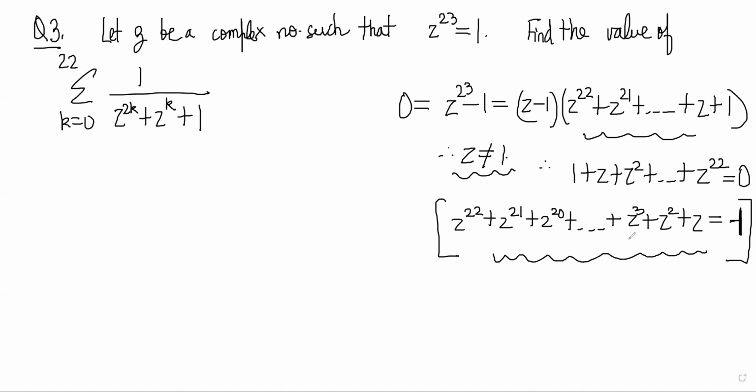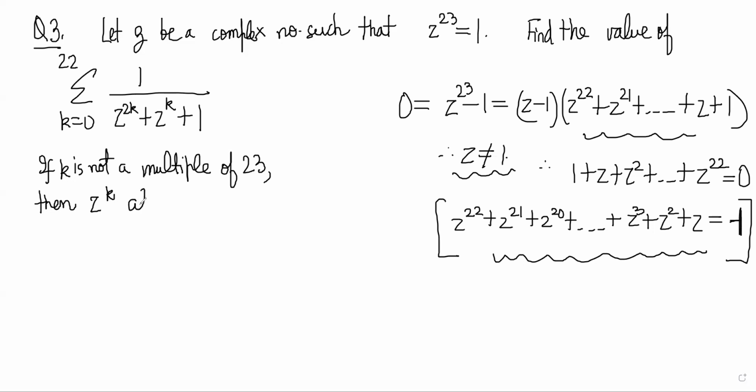If k is not a multiple of 23, then z power k also satisfies the equation.